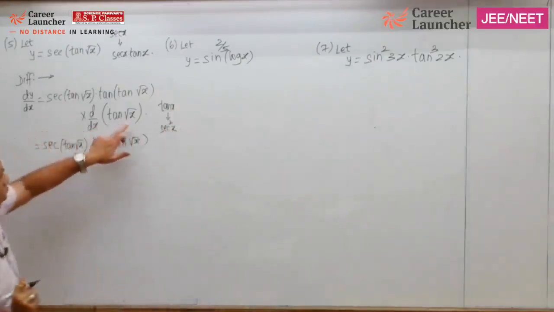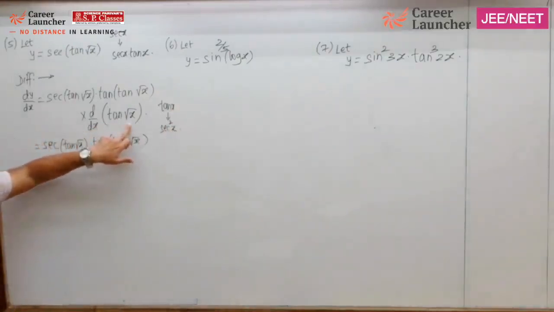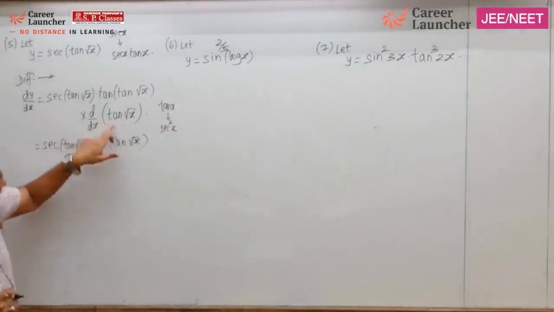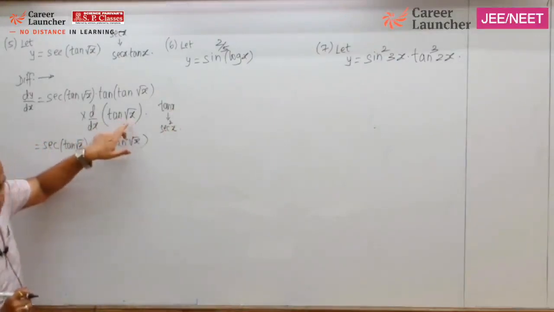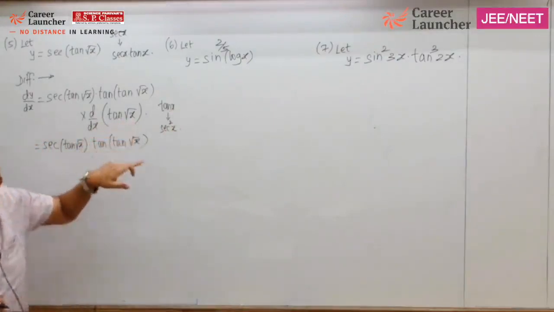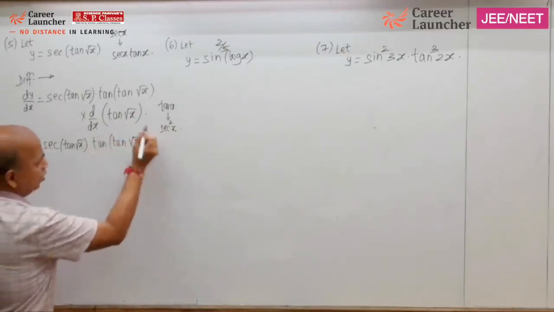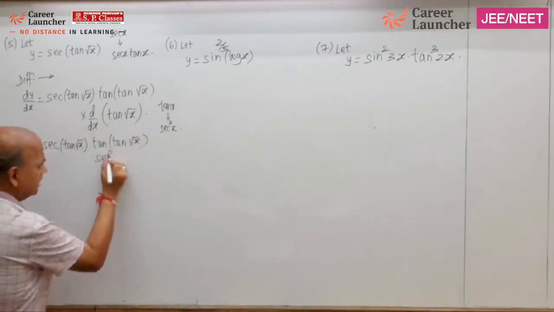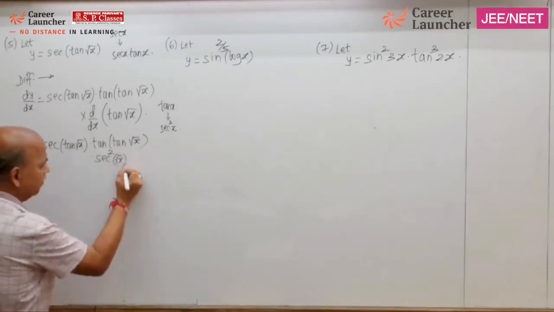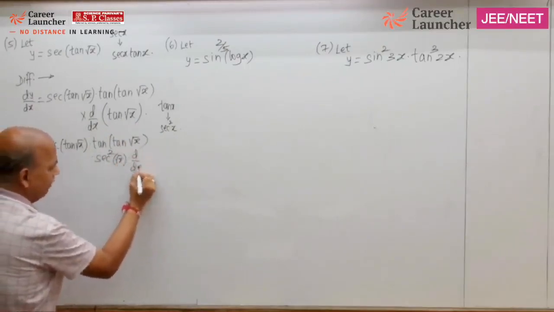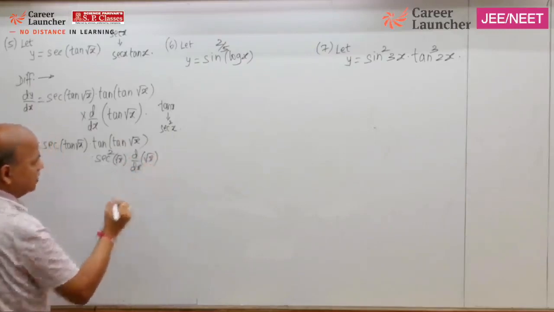Who will tell me what is the composite part here? Root x. Whatever comes in place of x will be the composite part, correct? Can you tell me what to write here? Sec square x. So what to write? Come on. Sec square of root x into d by dx of root x, yes or no?